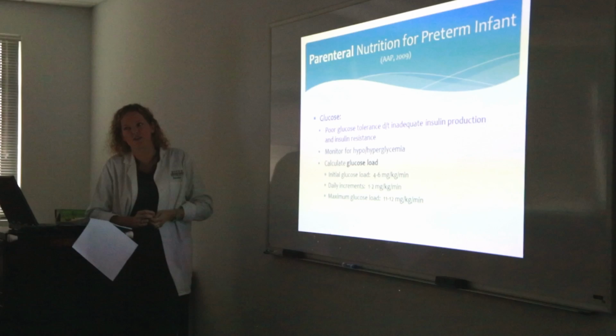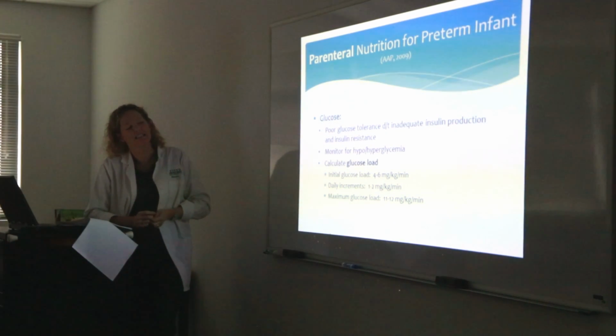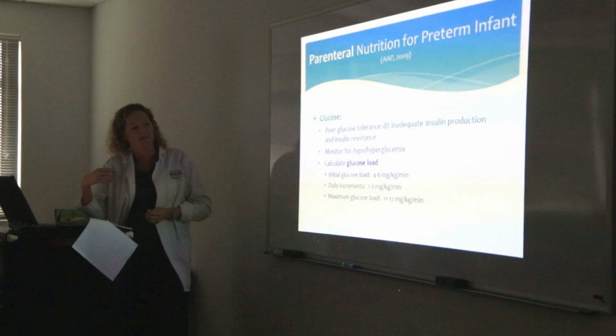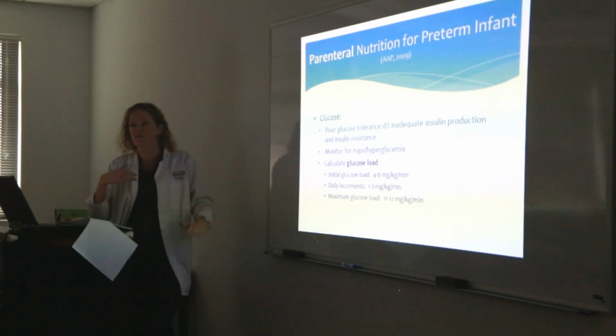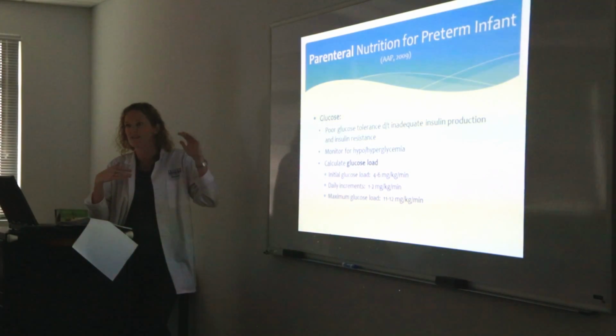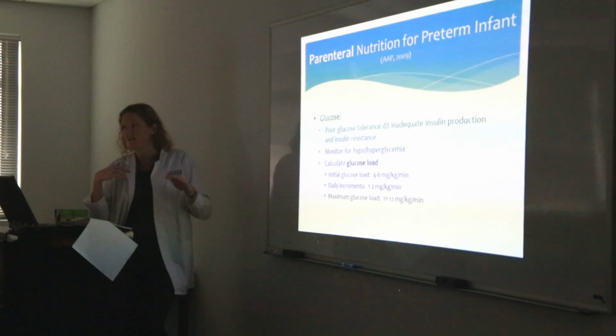So you've got to get their weight in kilograms and calculate that out and make sure you're not exceeding that. Then you can advance the glucose by 1 to 2 milligrams per kilogram per minute per day. And then the maximum, you don't want to go above 11 to 12. And just like with adults, you don't want to start at 11 to 12. You want to build up slowly, and then you don't want to stop abruptly either. You want to wean them, okay?